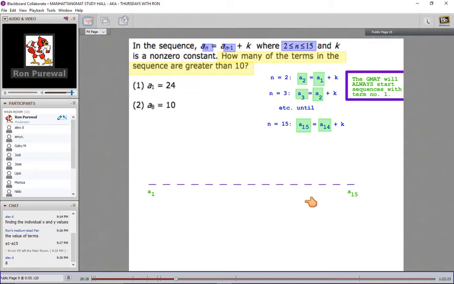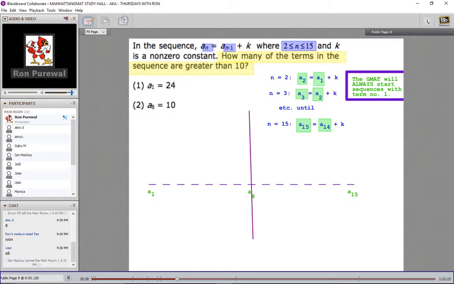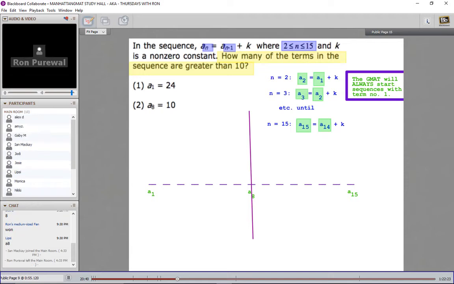It's halfway between 1 and 15. The number halfway between 1 and 15 is 8. That's the exact middle of the sequence. So that's the middle term.